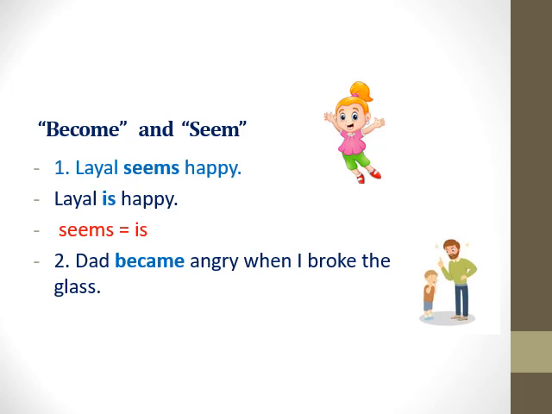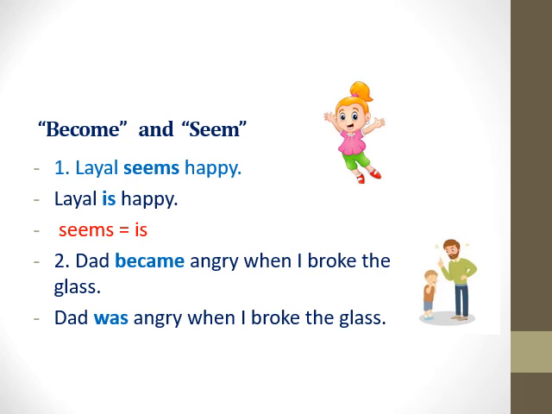That's why it is a special verb. Let's move to the second sentence. Dad became angry when I broke the glass. The verb over here is became. If I ask you to change the verb became with the verb to be, was, and apply the same concept, does the meaning change? Let's try.